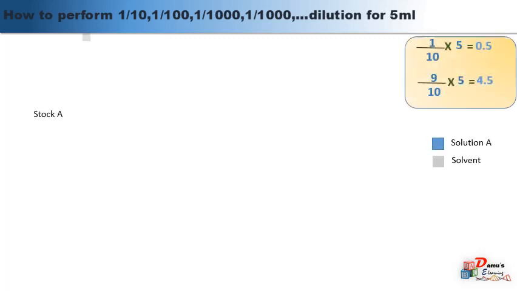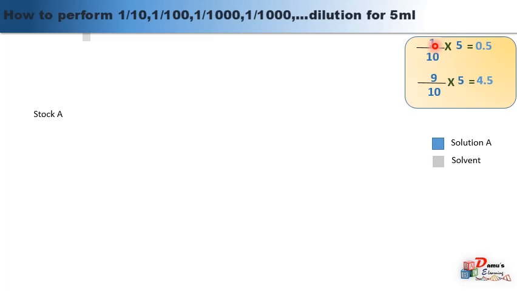So for example, we can also make the same dilution in whatever amount we need. So how to calculate that? Again, we know the serial dilution at each step is 1 by 10. So 1 by 10 into 5 gives you 0.5. What we mean by 1 is to 10 is that the solute will always contribute one part of the total 10 parts.